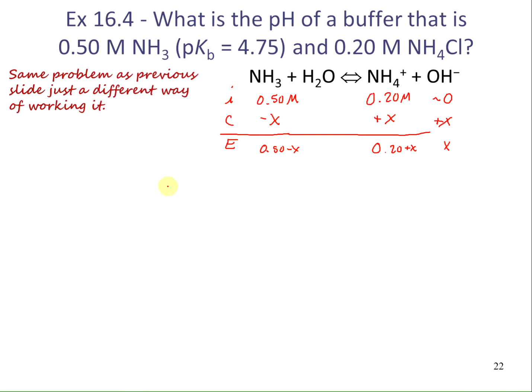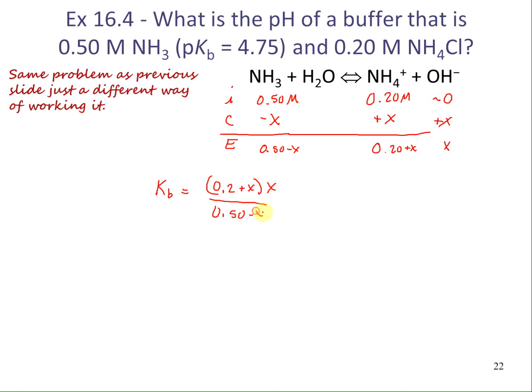To finish solving this, I need to set up my mass action equation. This is a base, so I need my Kb equals my products over my reactants: 0.2 plus x times x over 0.50 minus x.